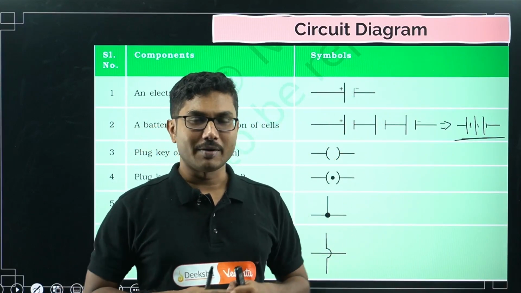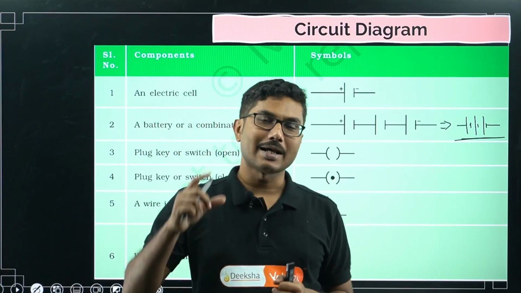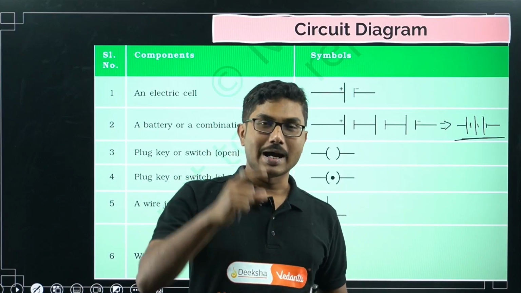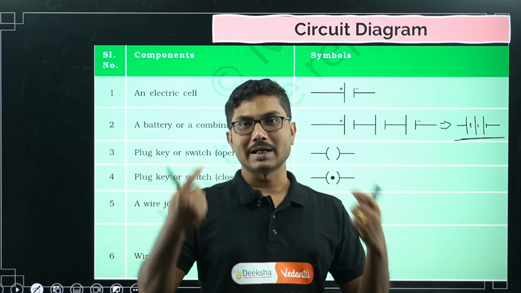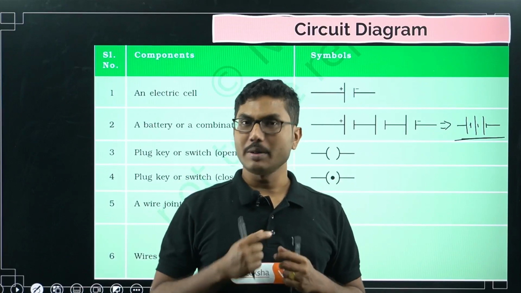I hope many of you have played with that. So there are multiple cells. One unit is called a cell. When you apply more than one, then they are called a battery. The entire combination of them is called a battery.